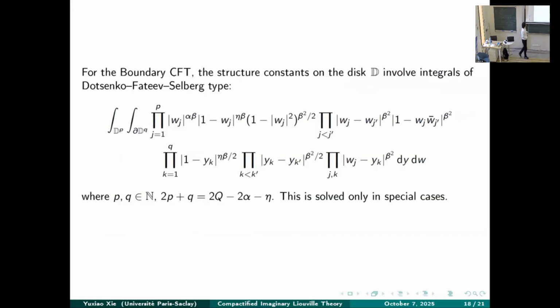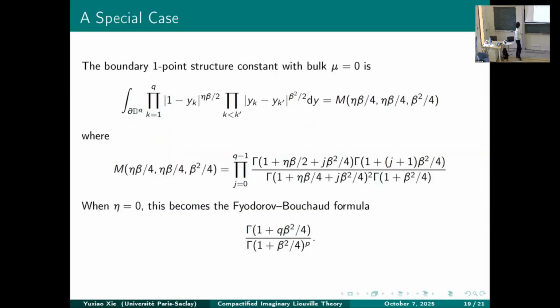But for the boundary CFT, the structure constants will be integrals like this. They are finite dimensional integrals, but we don't know the exact value of these integrals except in very special cases. So there is this case: the boundary 1-point structure constant, where you put 1 point in the interior and 1 point on the boundary, and you also assume that there is no potential in the interior.